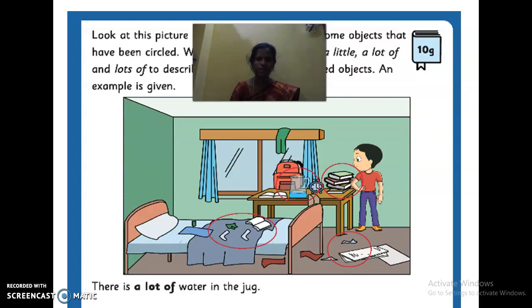Okay. So what is meant by countable? Which are the things you are able to count? Those nouns we can call countable nouns. Which are the things you can't count? Those are called uncountable nouns. Okay. So look at the pictures here. They circled a few pictures, no? So tell me which are the things we are able to count.